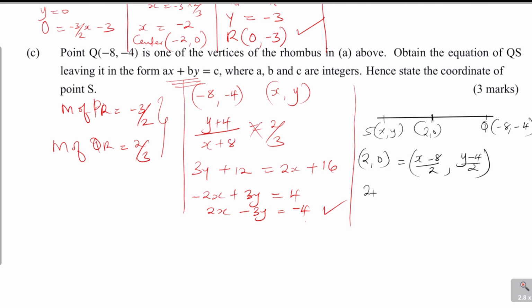So this will give (-2, 0) equals to that. Let me equate the corresponding values of x. So -2 corresponds to x subtract 8 over 2. When you multiply both sides by 2, you get -4 is equals to x subtract 8, so x will be given by 4. Is it?